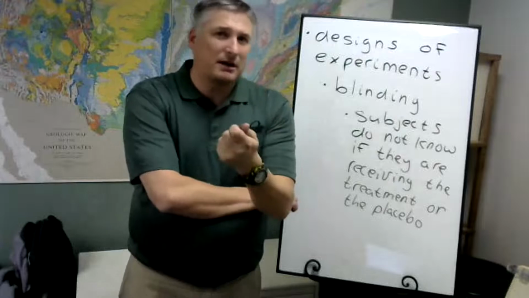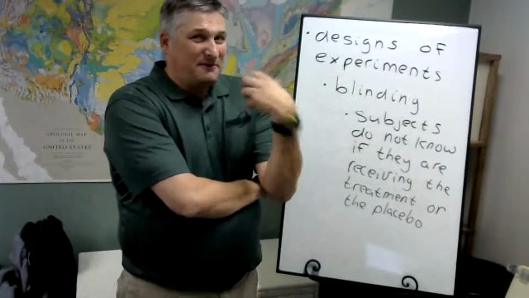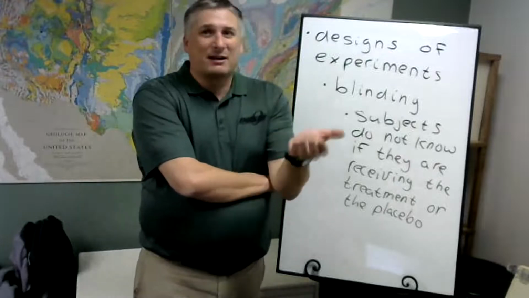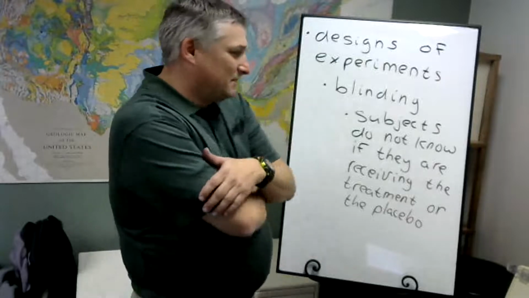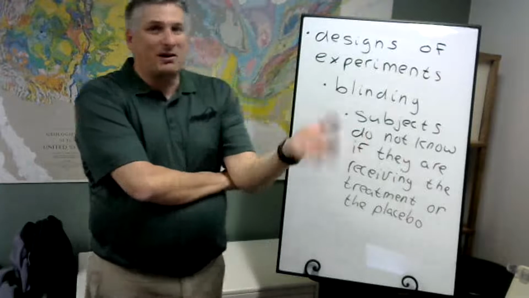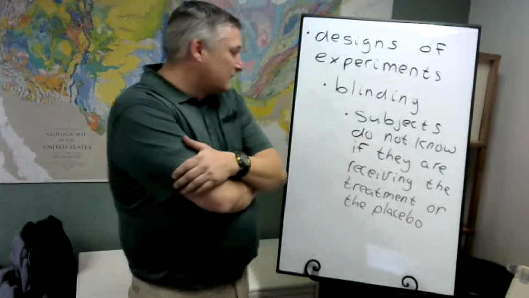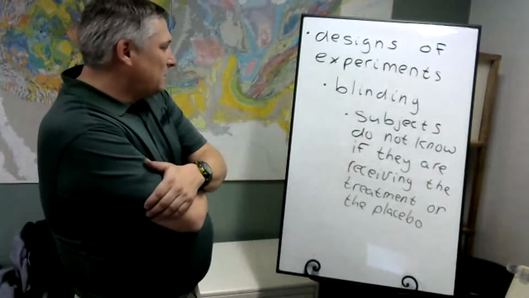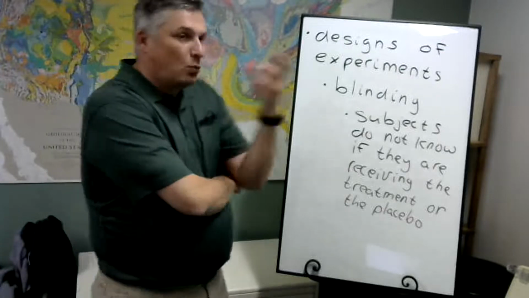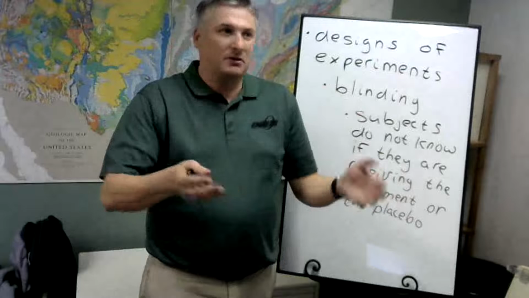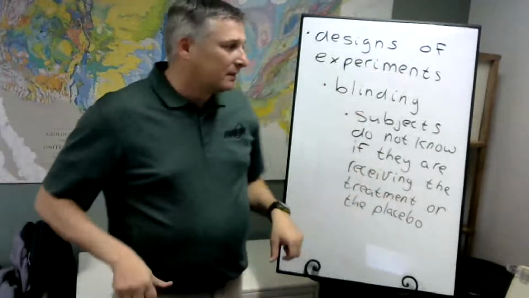Because if they know they're not getting the treatment, that might affect the placebo effect, and you might not get the full placebo effect. The placebo effect is sort of part of the randomness of life. So we typically don't let subjects know that they're getting one or the other. You just get a pill, and we're going to see what this pill does.